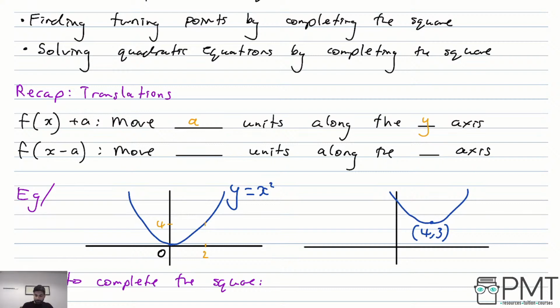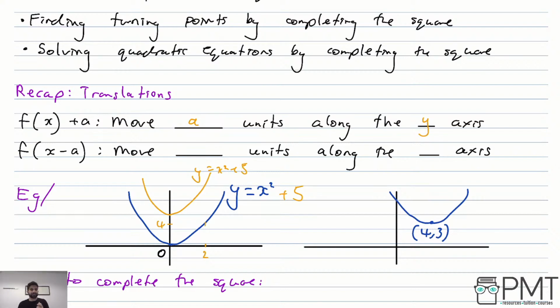Instead of that, if you add 5 here, instead of getting 4, you'll get a 9. So the idea is everything will go up by 5 units. So this will be y equals x squared plus 5. So that's how translations work.